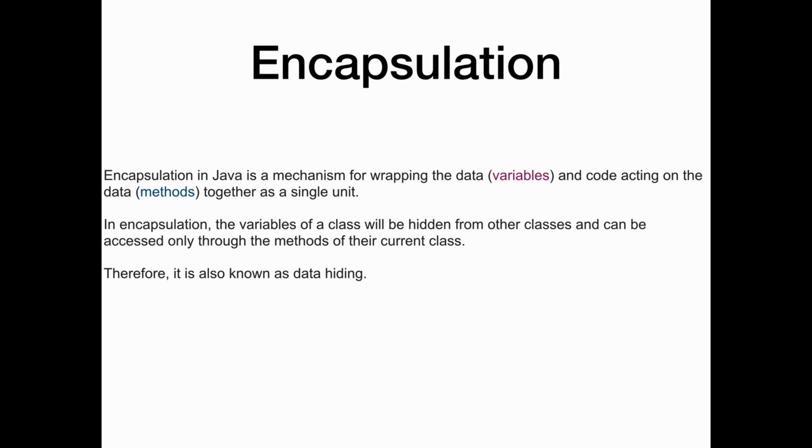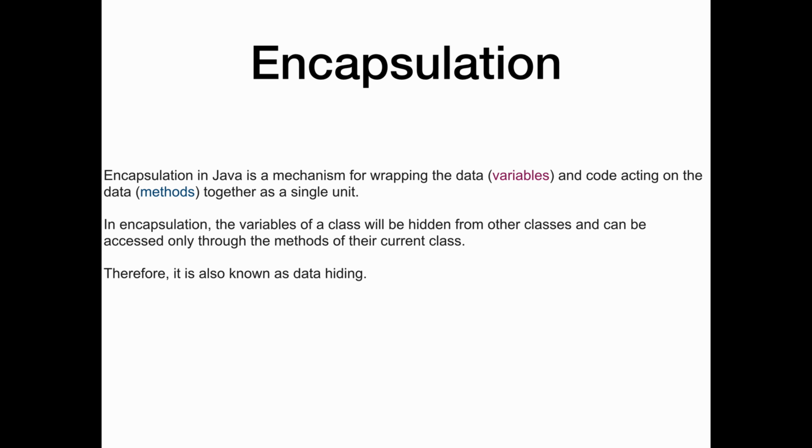In Java, you have classes. Now, those classes have variables and methods. Sometimes you don't want other classes to access these variables directly. You can have methods that access these variables and only expose themselves to the public.